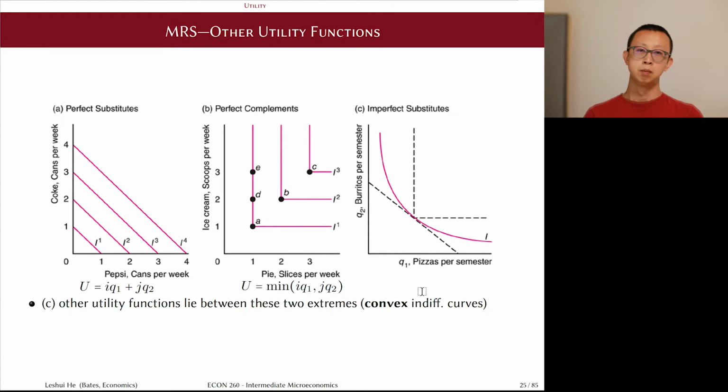In general, most indifference curves will look somewhere in between these two extremes. For instance, this curve here looks very much like an indifference curve of a Cobb-Douglas utility function. They would be more curved compared to the straight indifference curves, but much smoother than these perfectly angled, perfect complement indifference curves.